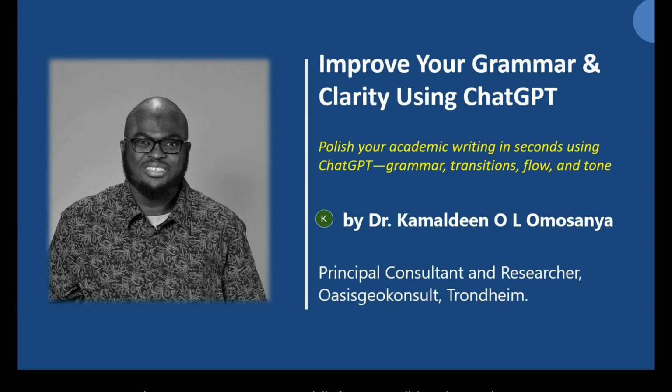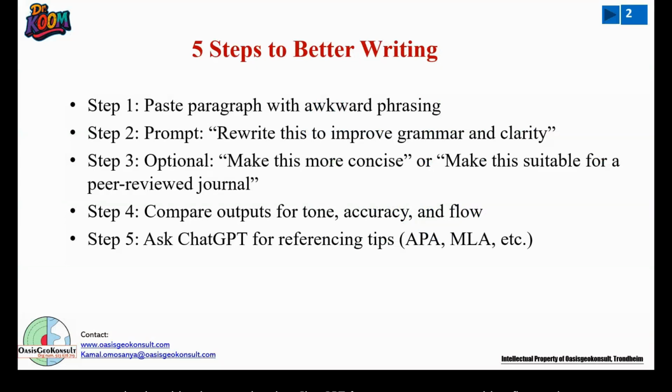So the aim is to polish your academic writing in seconds using ChatGPT for your grammar, transition, flow, and for your tones. So, like we normally do, we're going to follow 5 steps again. And the first step is you copy whatever paragraph you have with awkward phrasing or some not well written text, and then you prompt it to rewrite this to improve the grammar for clarity.